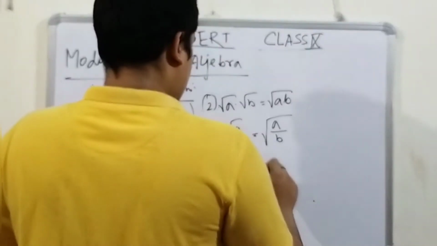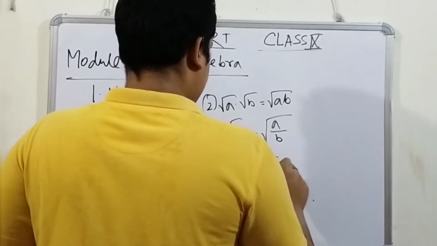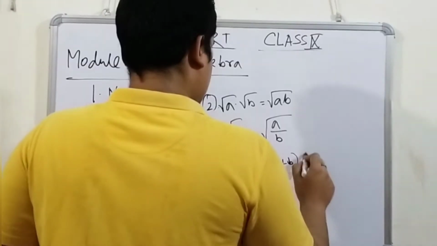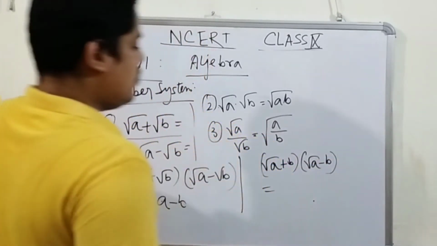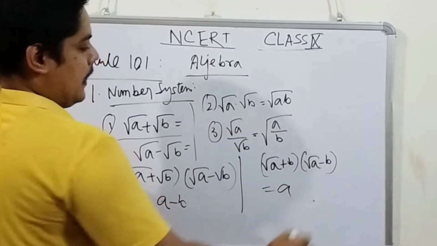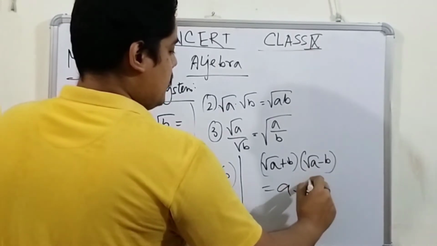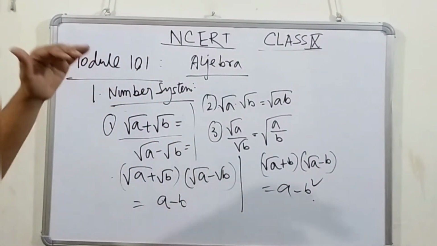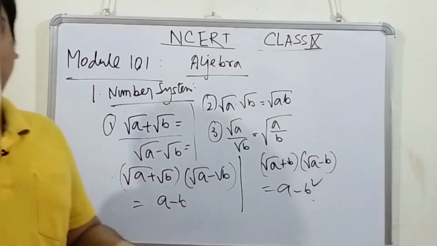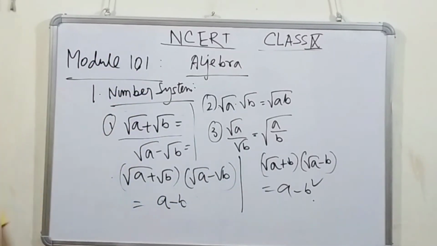Same thing with root a plus b and root a minus b: this term will give us a and this term will give b square, so a minus b square. So these are the basic identities. Later on we will learn some more identities.